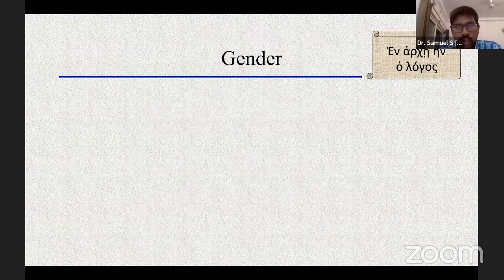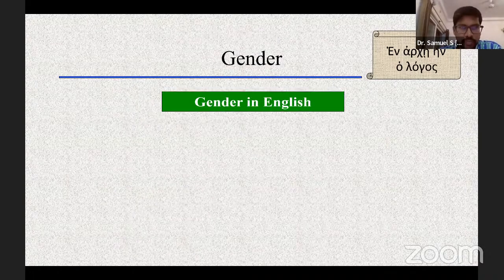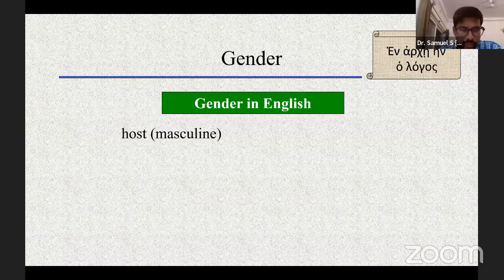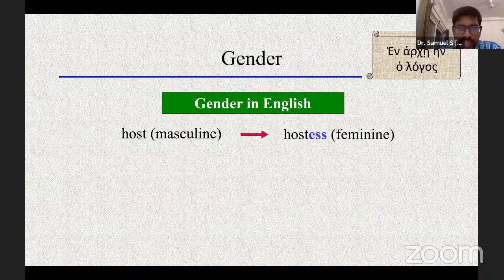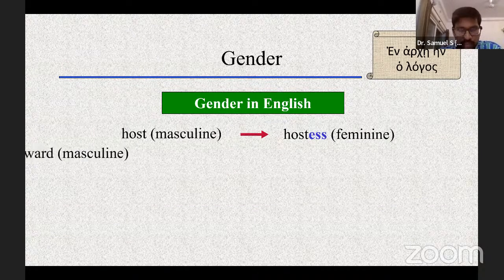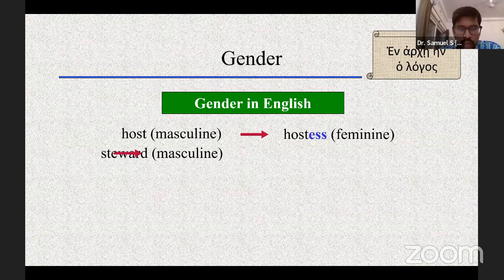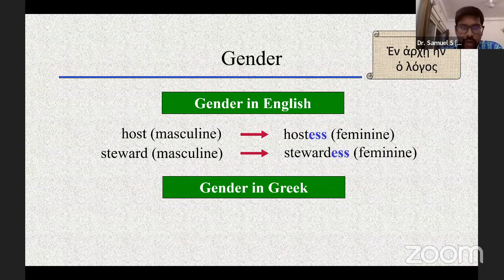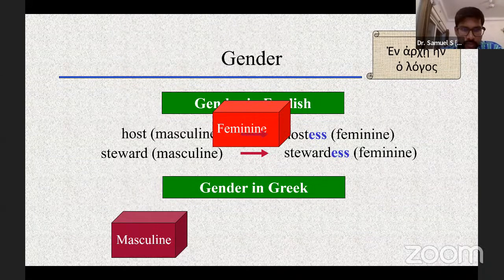Nouns in Greek also have gender. Every noun has gender. How about in English? We have the same thing. Host is the noun, it's always masculine. Hostess is feminine. Steward, masculine. Stewardess, feminine. How does it work in Greek?